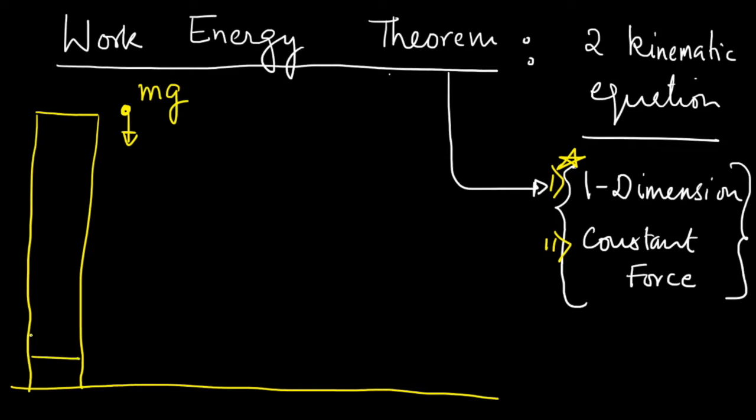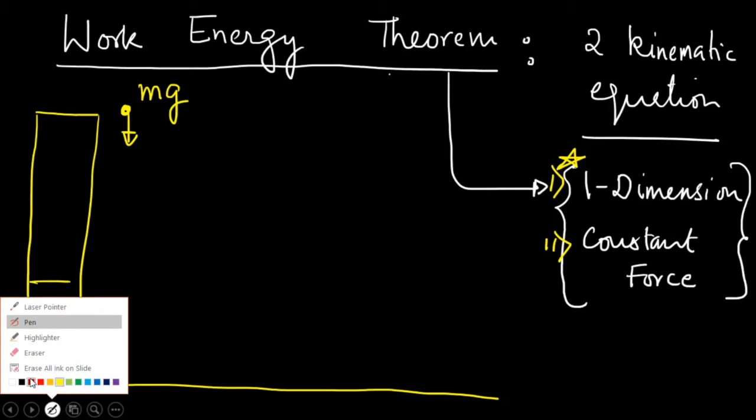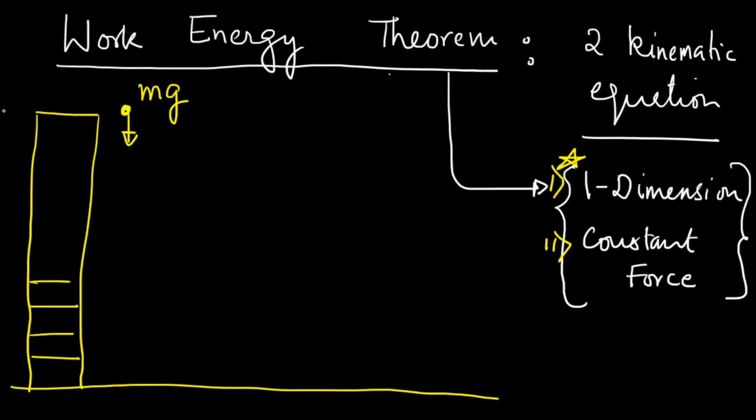And here I'm considering a tall building, maybe around 100 meters high. So we mark that down, 100 meters high, and from the top of this building we're going to let a stone fall, and it falls down 100 meters and hits the ground.